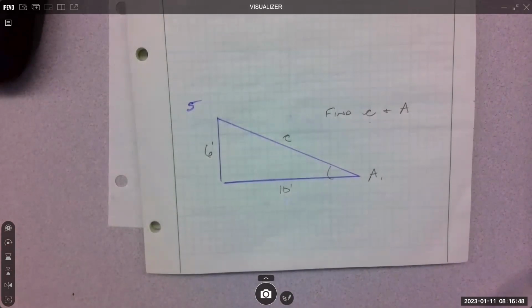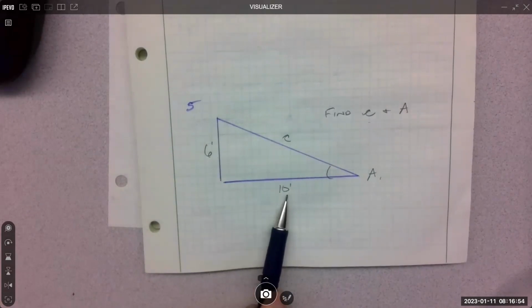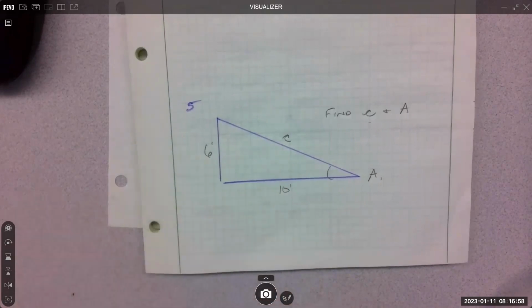This one says find C and A with a rise of 6 and a run of 10. You could have drawn it either way, right? You could have drawn the 10 up and the 6 over. I think it just said long side and short side. Find C. Two legs of a right triangle are 6 and 10.